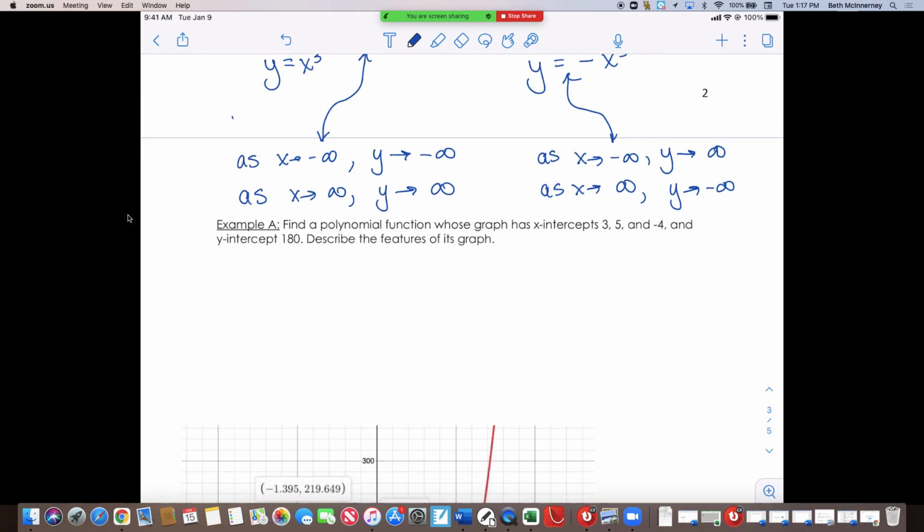And we did this in 6.2. Go ahead and write the factor form with an A in it. Once you get the factored form with A in it, then plug in that extra point. The extra point is the y-intercept of 0, 180. Then you can determine the A value. Then there's your equation.